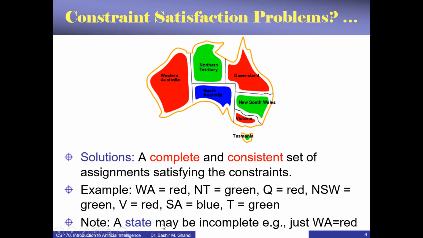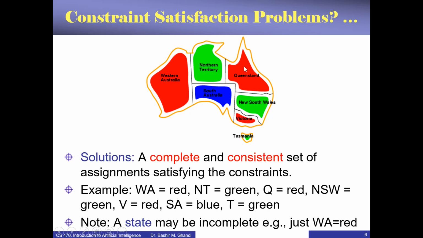It implies that a state may be incomplete. If, for example, we haven't completed the assignment, only certain states are assigned but the rest are not assigned, then the solution is not yet complete, or that particular state is not a complete state. But if you have done all the assignment, then it is said to be complete.